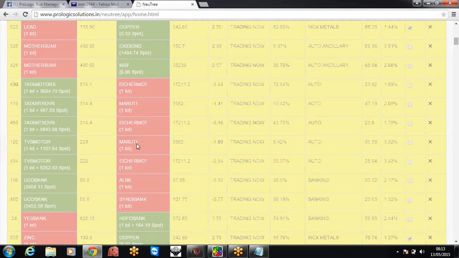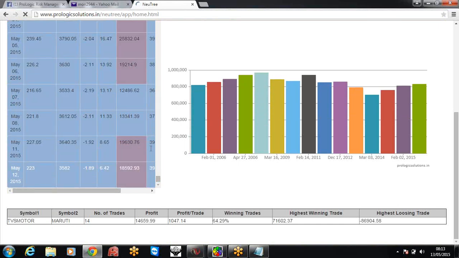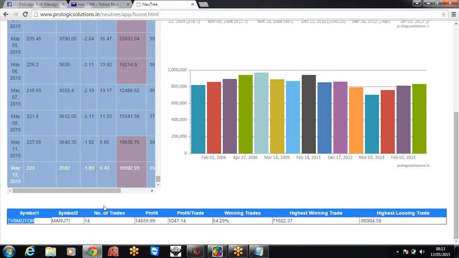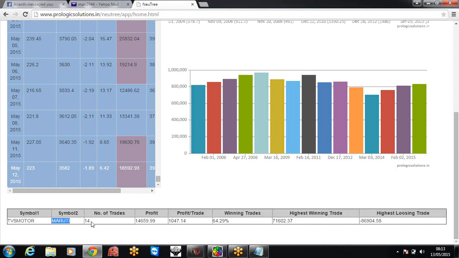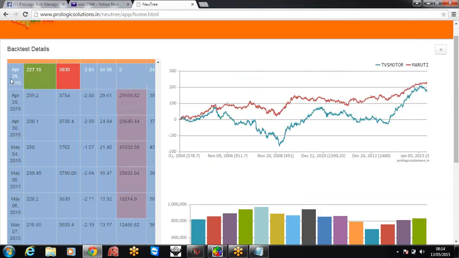Tata Motors and Maruti is a running call. So you can see that Tata Motors we had to buy and Maruti we had to short. 14 trades. 64% is the winning trades. You can see it generated on 28th, and the next day itself it gave you 29,000 rupees profit.